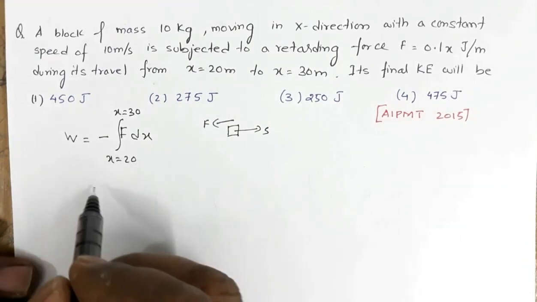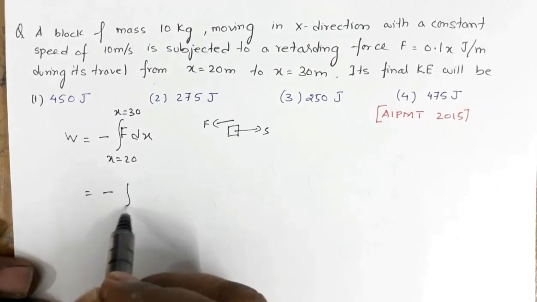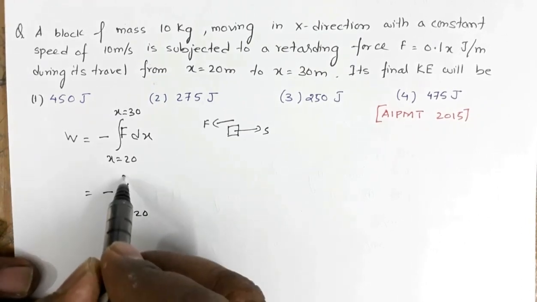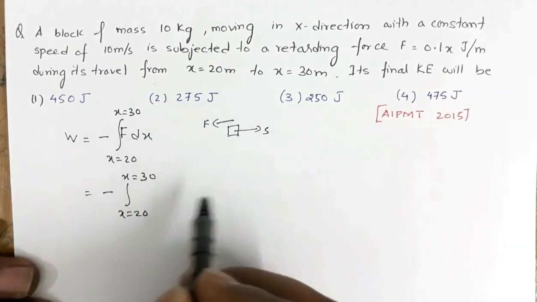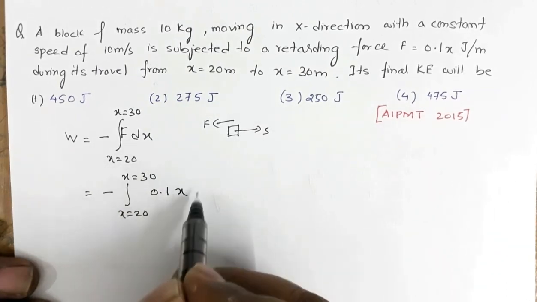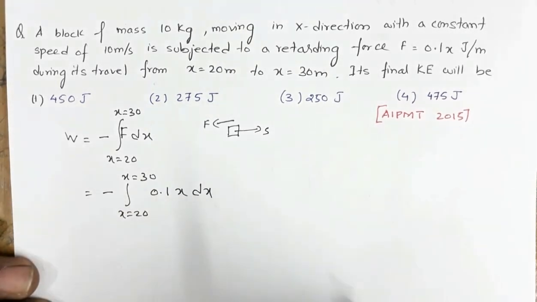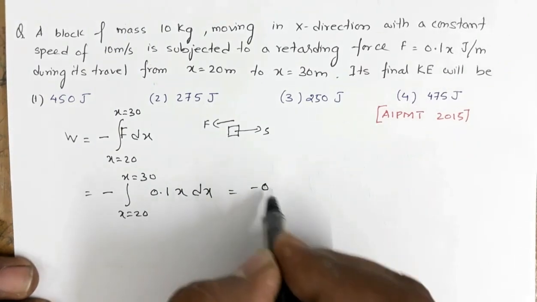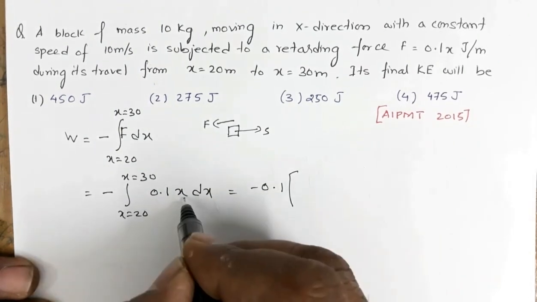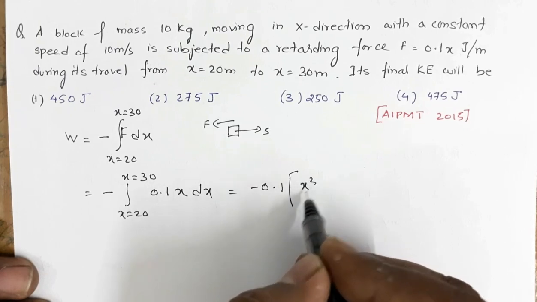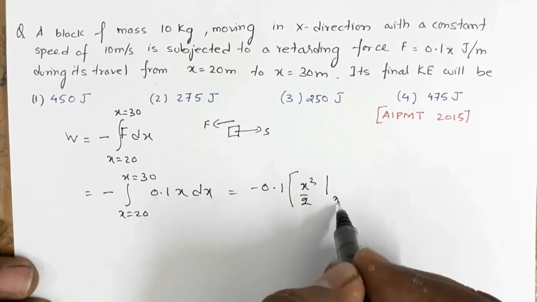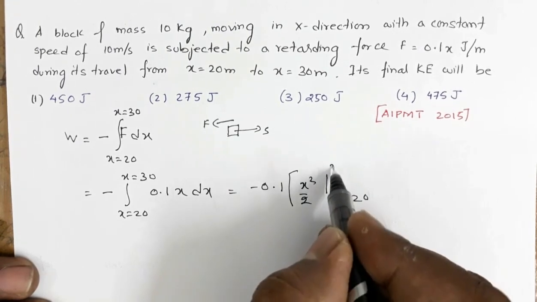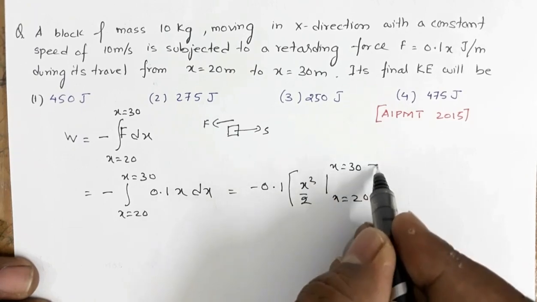So this is the work done. So that is minus integral from x equal to 20 to x equal to 30 of F, which is 0.1 x dx. So this is minus 0.1. Integration of x dx is x square by 2. Limit is x equal to 20 to x equal to 30.